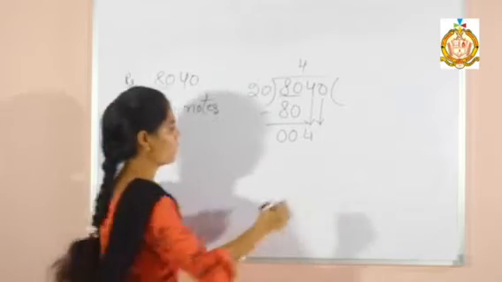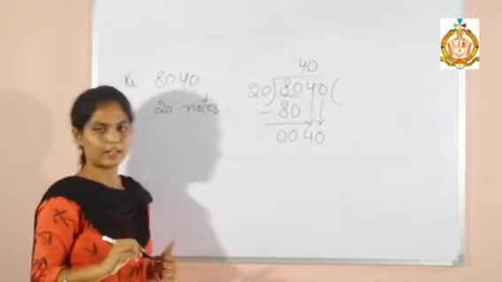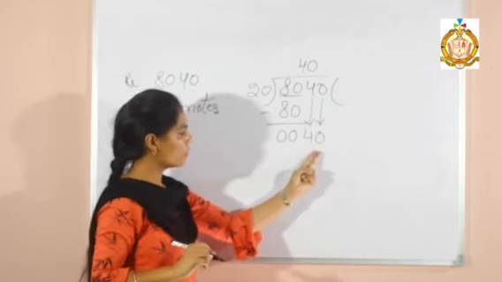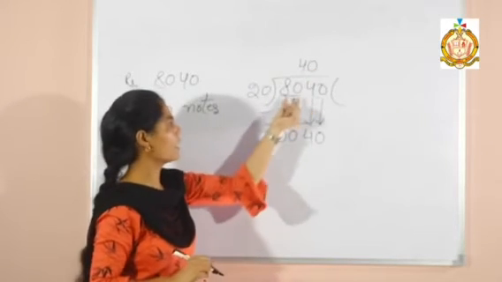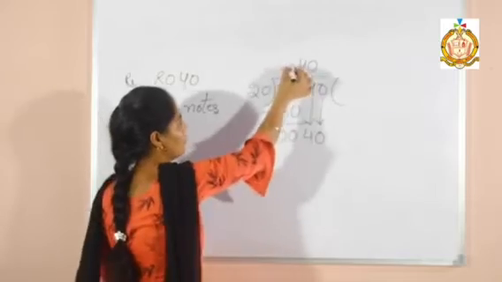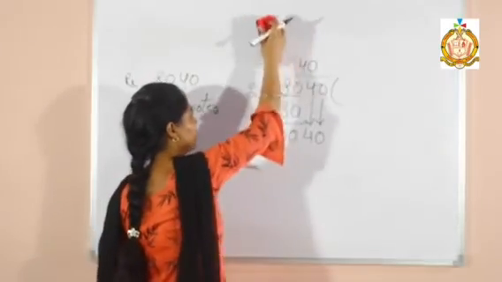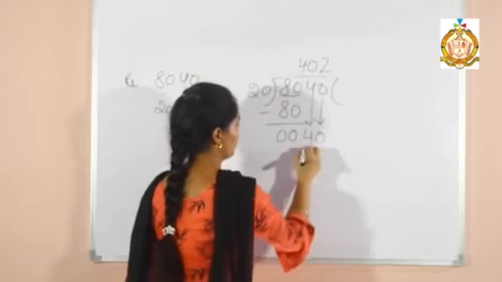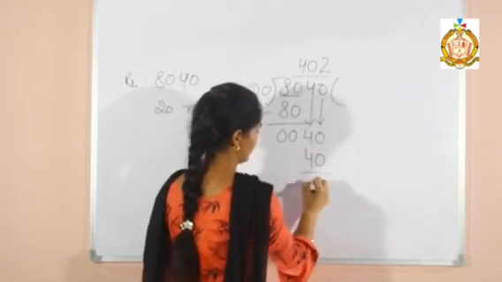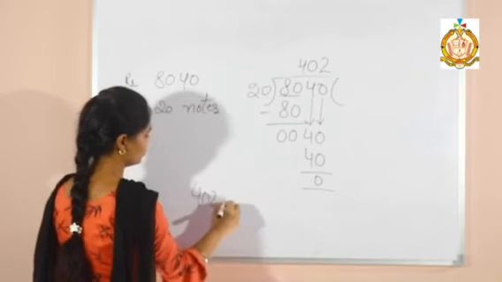If we take two numbers, then we have to put 0 here. In the starting we discussed, if we bring two numbers down, then we have to put 0 here. In the starting there is no need, because there is no value of 0 in that position. So put 0 here. Now 20 twos are 40. That means she got 402 notes.